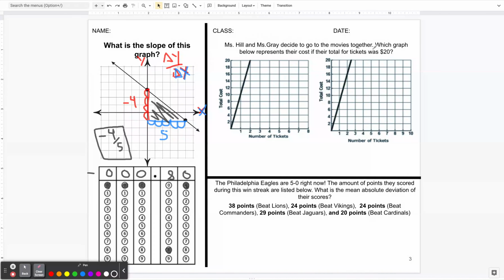So there's two people, $20. 20 divided by 2 is $10 per person.